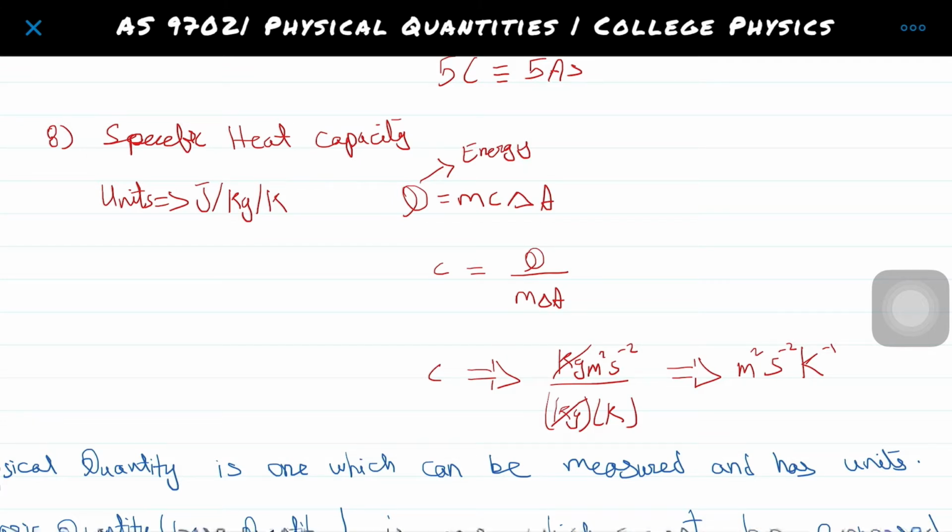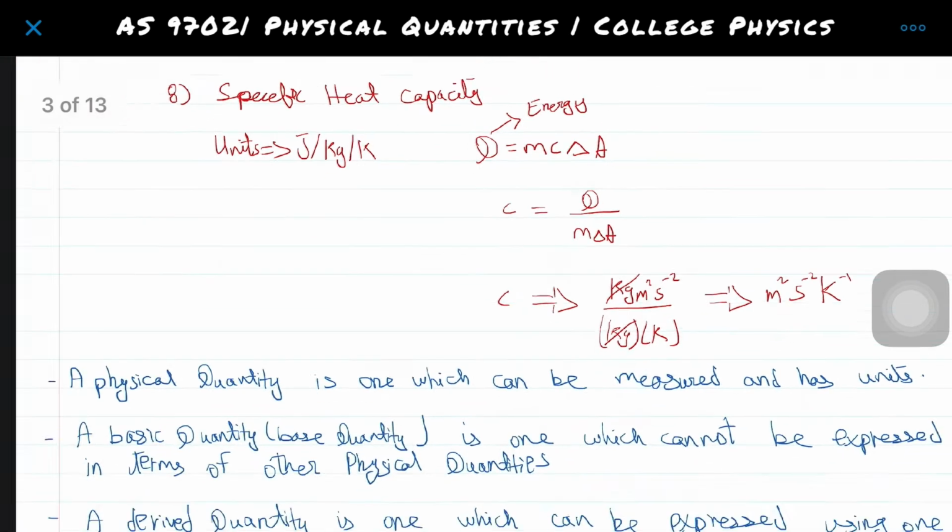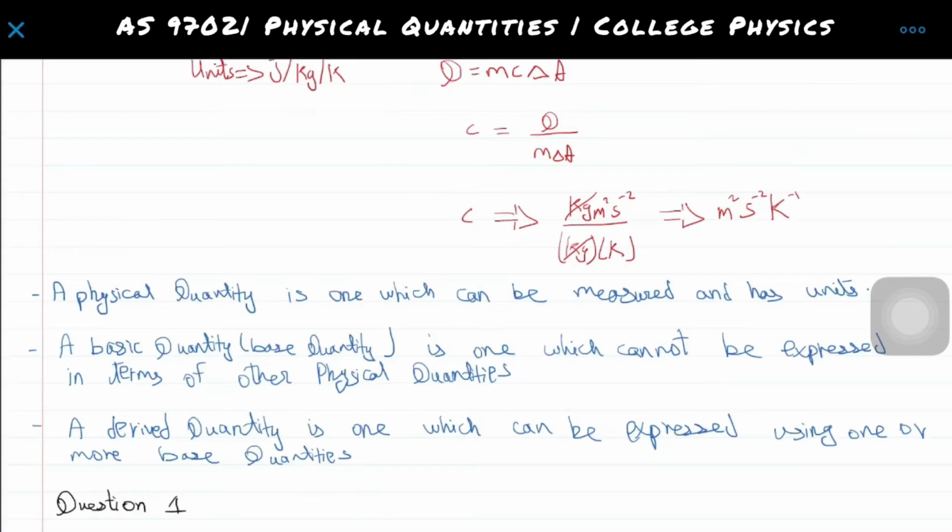Now here's a quick overview of what is a physical quantity, what is a derived quantity, and what is a basic quantity. We know that a physical quantity is one which can be measured and has units, right? What is a base quantity? A base quantity is one which cannot be expressed in terms of other physical quantities, because it is a base which is used to derive other quantities.